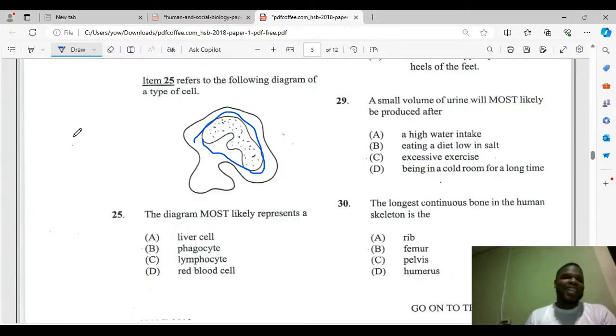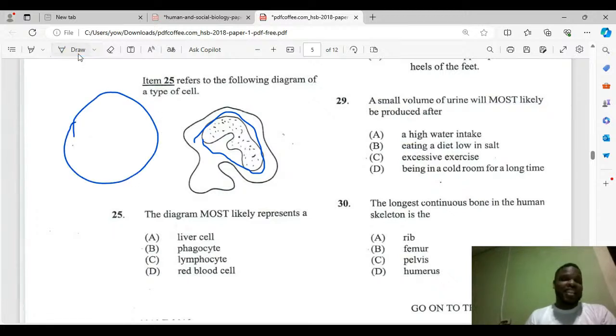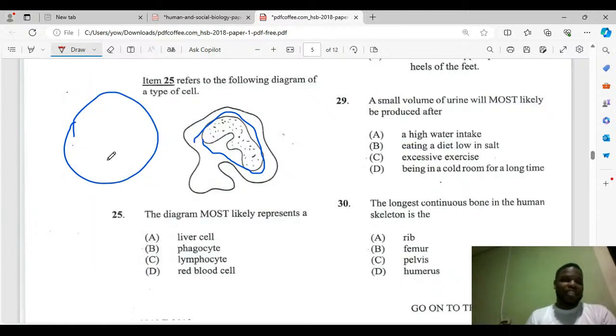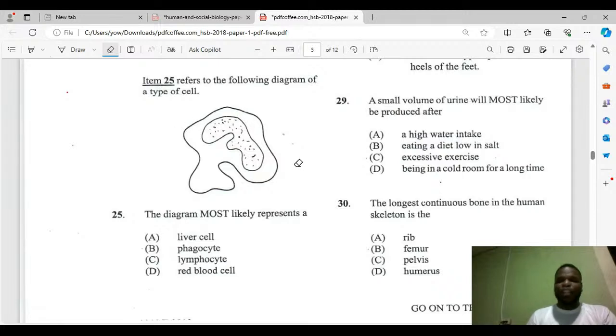If I drew a lymphocyte cell, the nucleus would be just big. Forgive my bad drawing, but it will be big. Remember that it is a phagocyte because the nucleus is small, so it can engulf the bacteria. So this will have to be B.